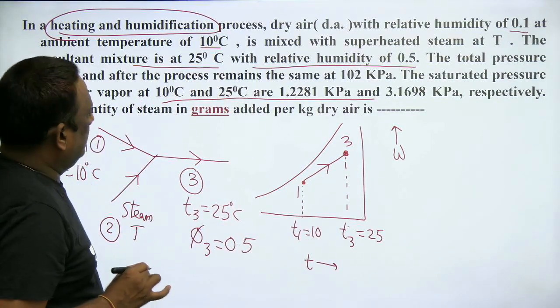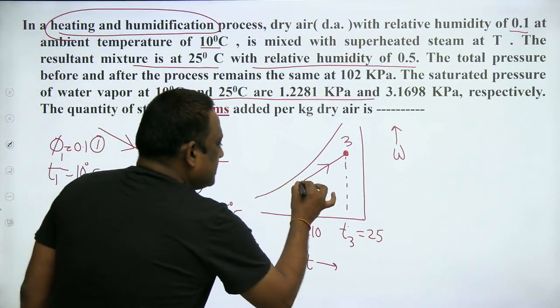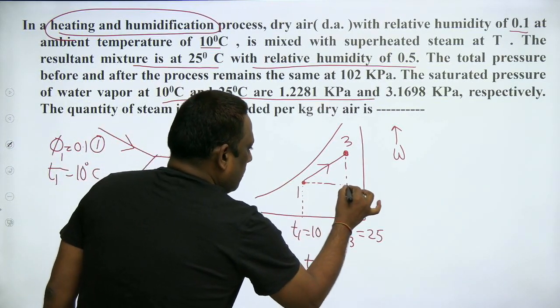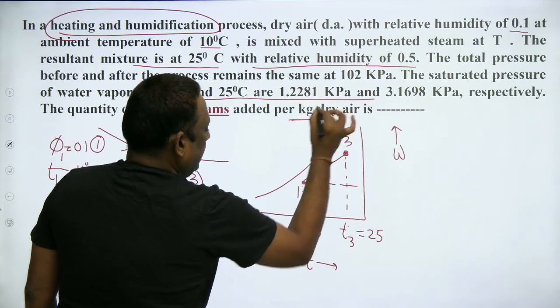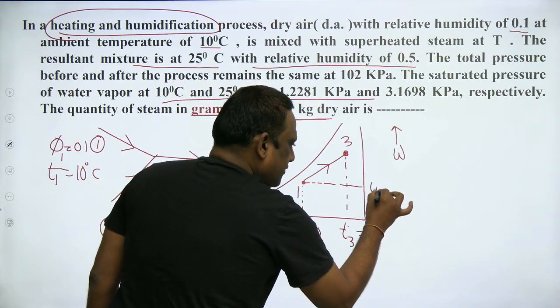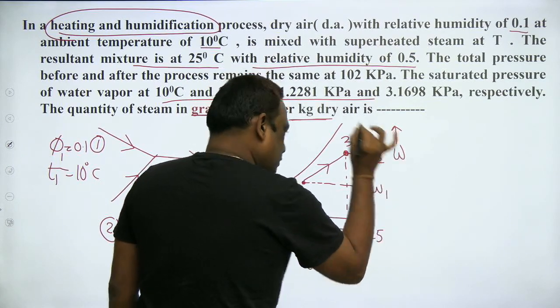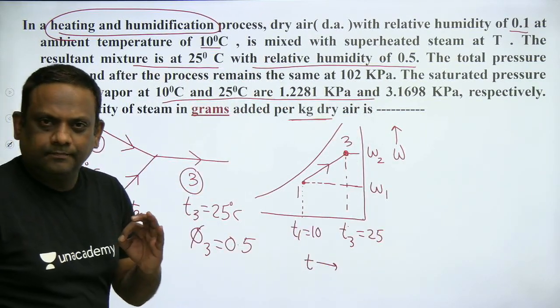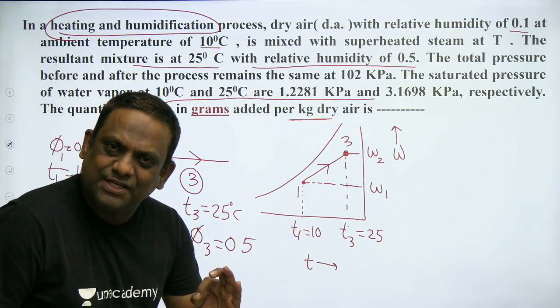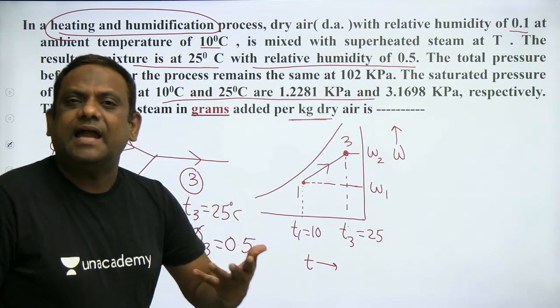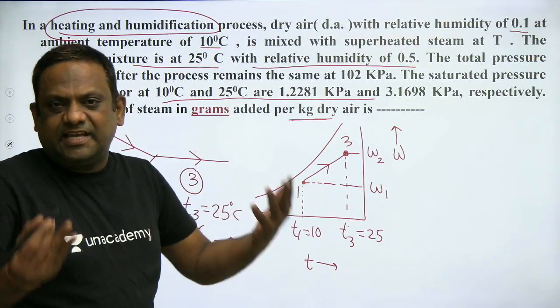So here the relative humidity is given and here the relative humidity is given. Now what is the question? How much steam is added for 1 kg of dry air? Let the specific humidity at 1 be omega 1, let the specific humidity at 2 be omega 2. No problem at all. Now the question asked is how much steam is added, meaning it is not about how much moisture is added.